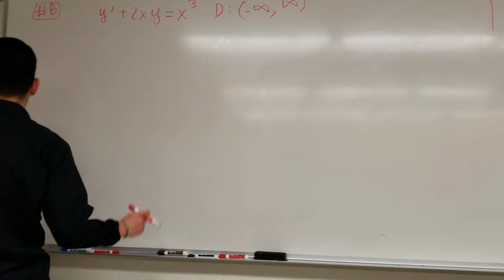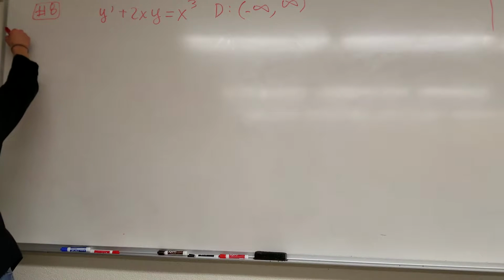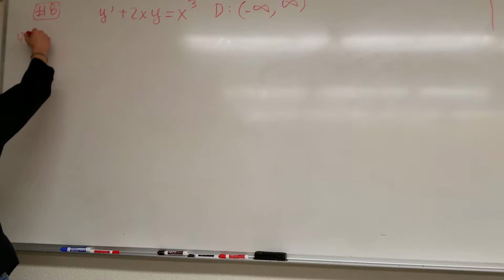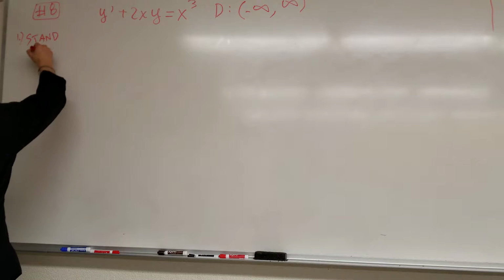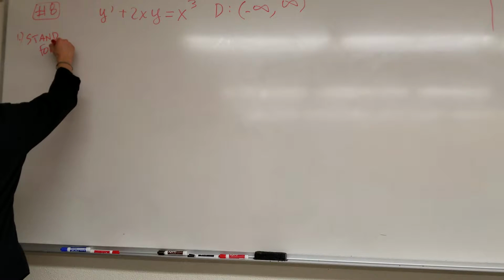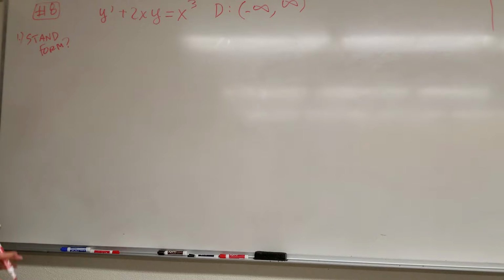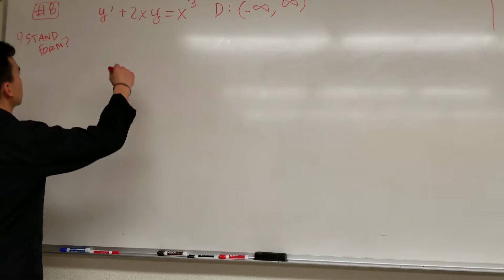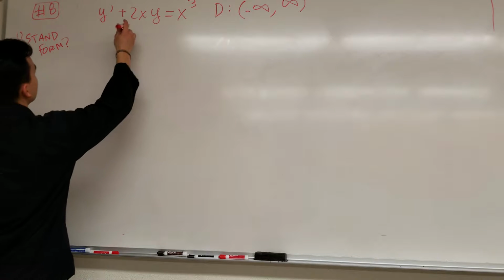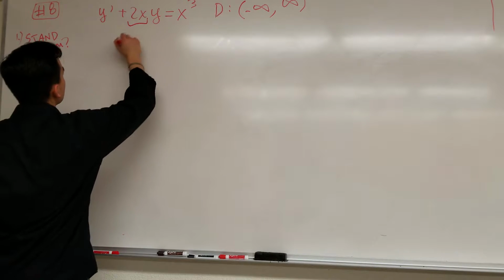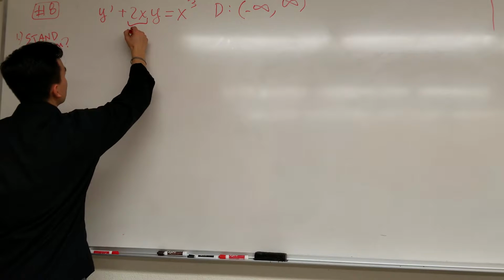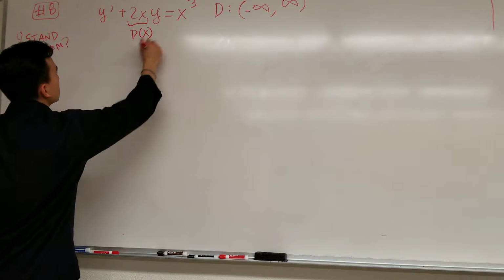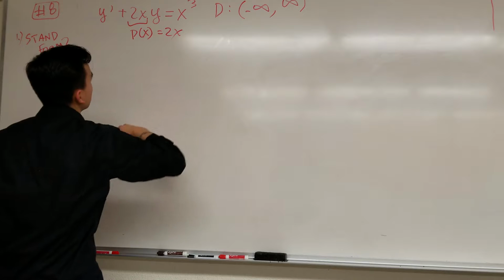Okay, so going back to our checklist, we ask ourselves, is this equation in standard form? Yes. If you answered yes, good job, gold star. So our next thing we want to do is find our p of x, which is going to be the 2x. P of x is equal to 2x. Great.